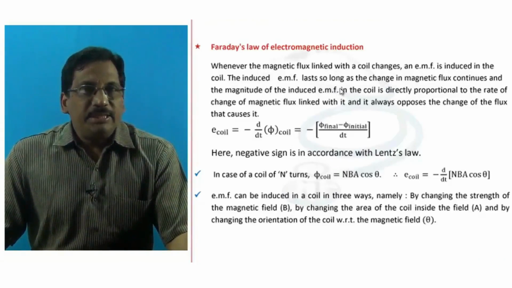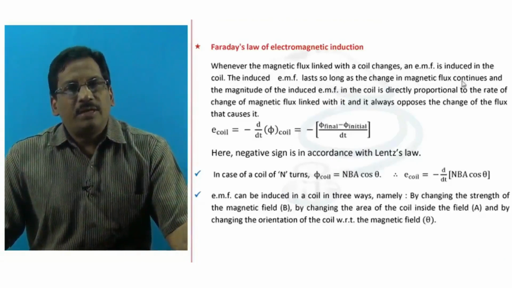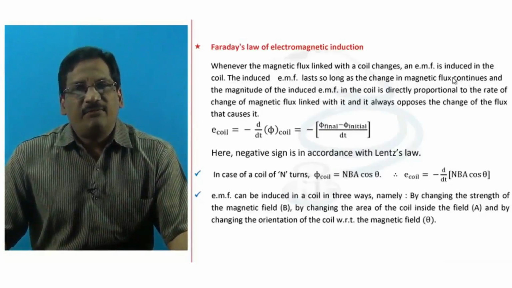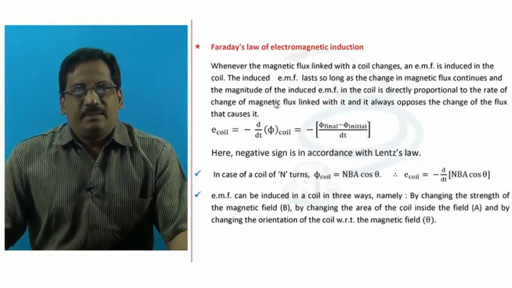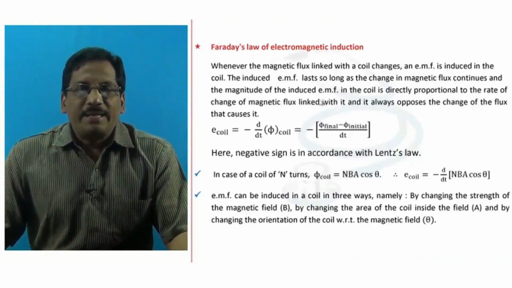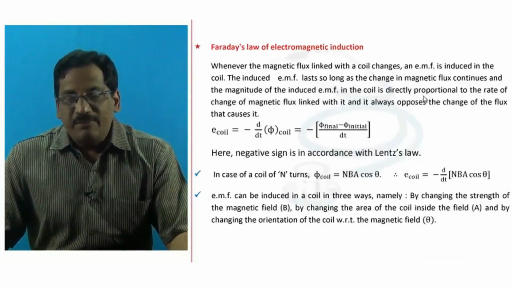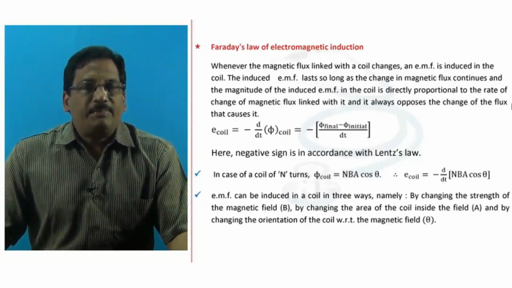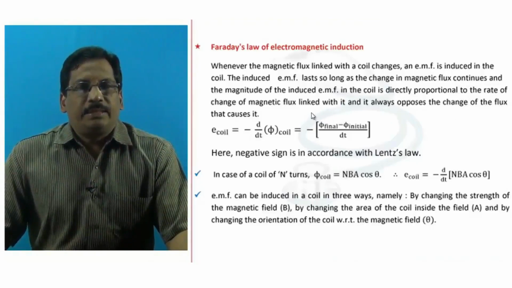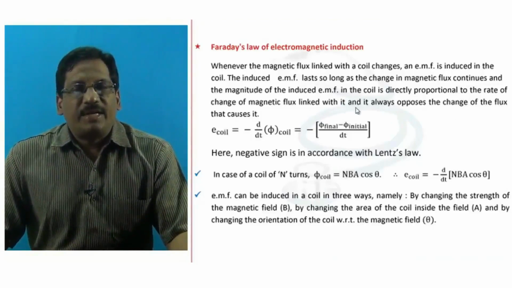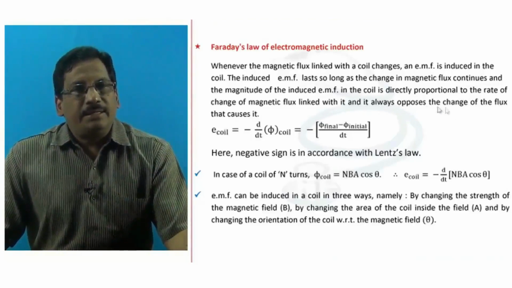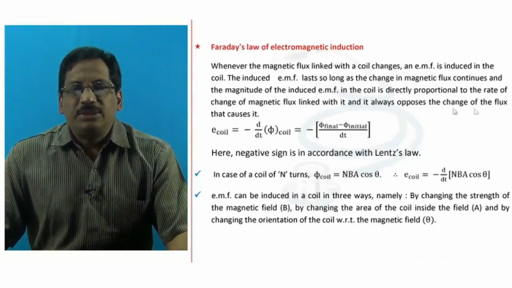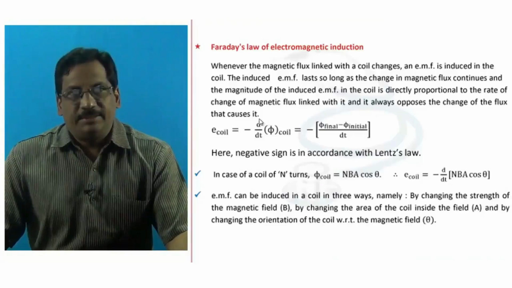The induced EMF lasts so long as the change in the magnetic flux continues, and the magnitude of the induced EMF in the coil is directly proportional to the rate of change of magnetic flux linked with it, and it always opposes the change of the flux that causes it.